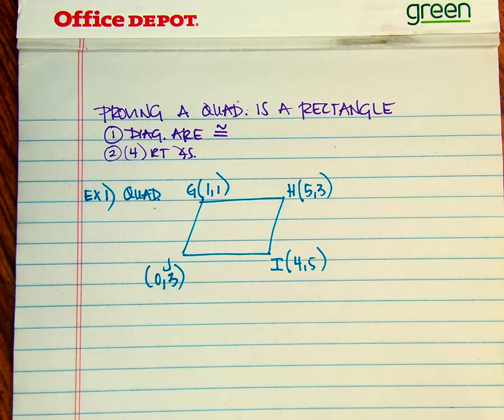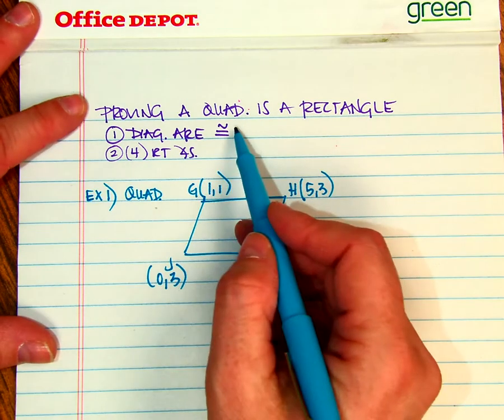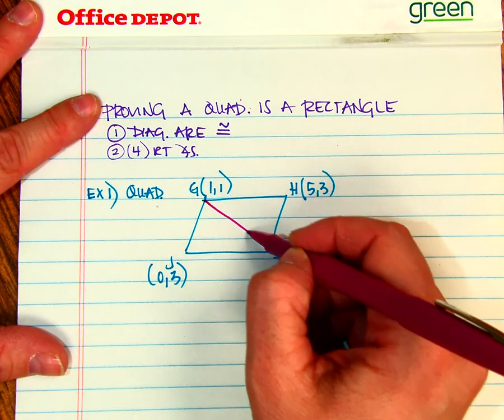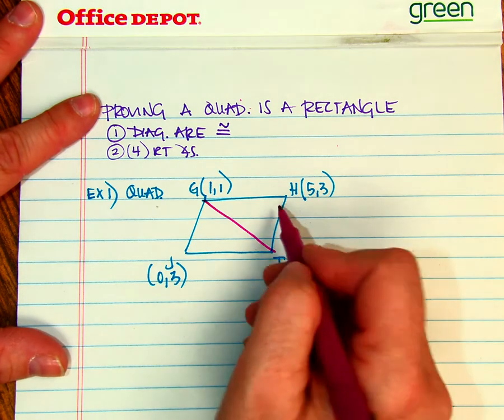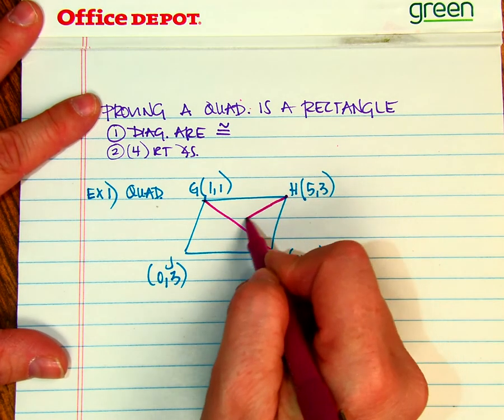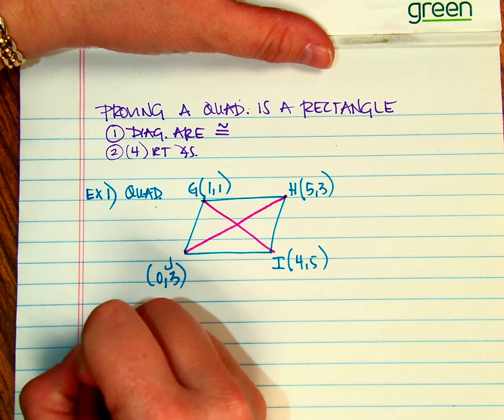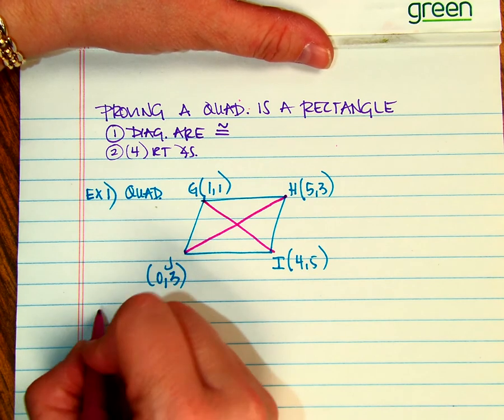Okay, so in order to prove that the diagonals are congruent, that would mean I would have to prove that the length of GI is congruent to the length of JH. So I'd be using the distance formula twice.